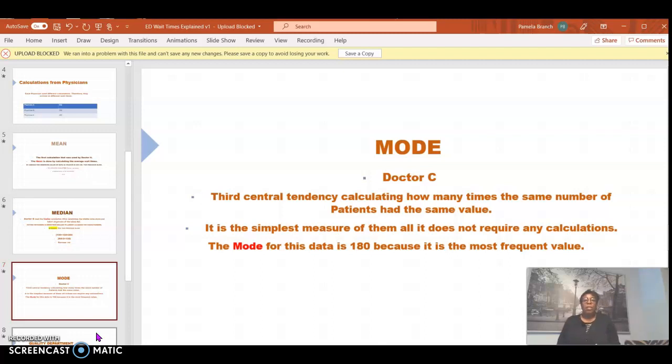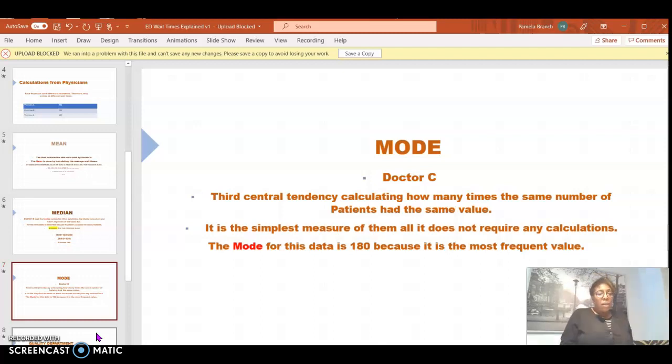The mode for this data is 180 minutes, because it is the most frequent value of the data on the previous slide. So that's what Dr. C used as his answer: 180 minutes spent in the emergency department.